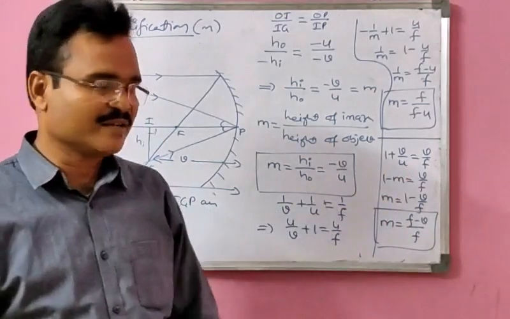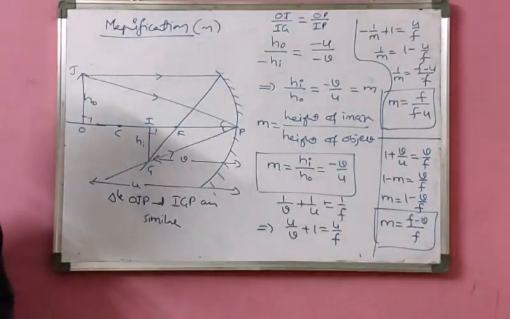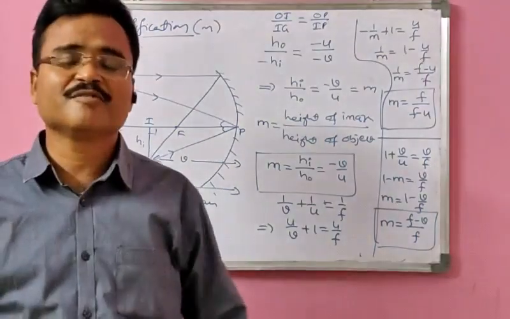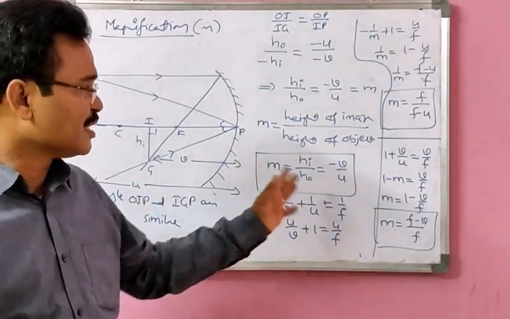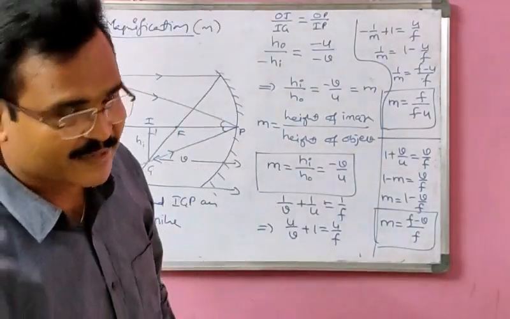You can use sign conventions while using the formulas. This is the magnification of a concave mirror and its relations. So this is about the mirror equation and magnification.